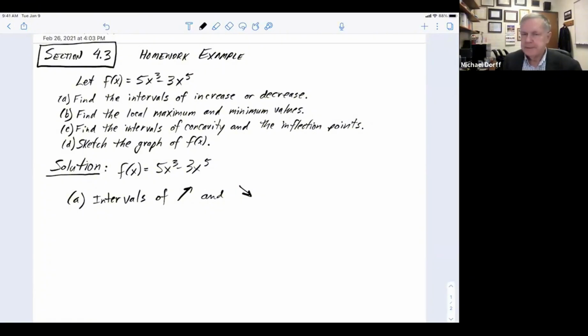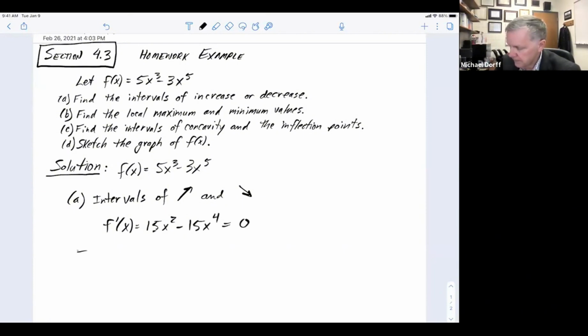And then I'm going to set the derivative equal to 0, and that's going to give me transition points between when it increases and decreases, or at least all the possible points where it could transition from increasing or decreasing.